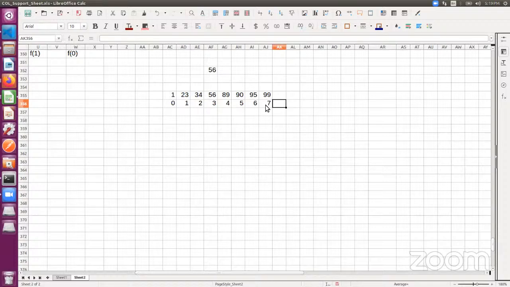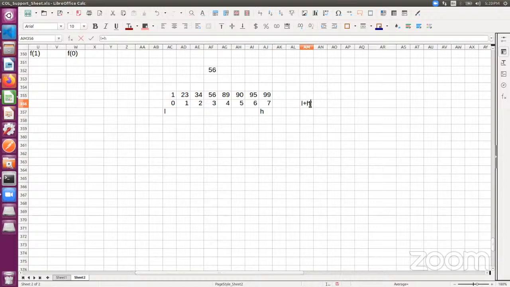The index of the mid element you can find using a formula. You have the lower index and the higher index. It is very simple: low plus high divided by 2. That will give you the mid element, right? It is just like finding the average.